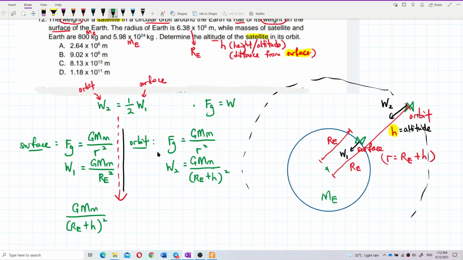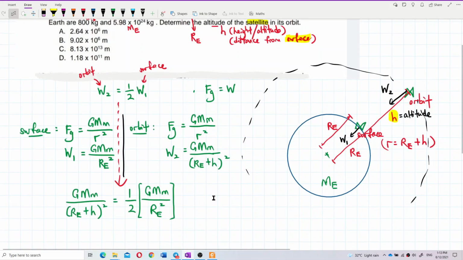Then equal to half of what? Half of GMm, same thing. The weight at the surface is GMm over RE square, radius of Earth square.